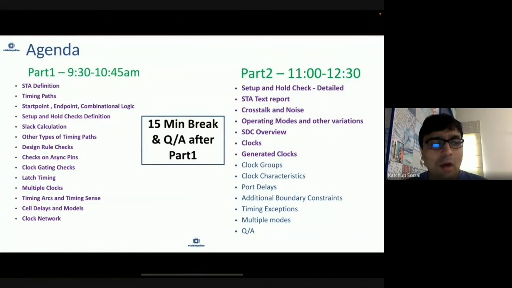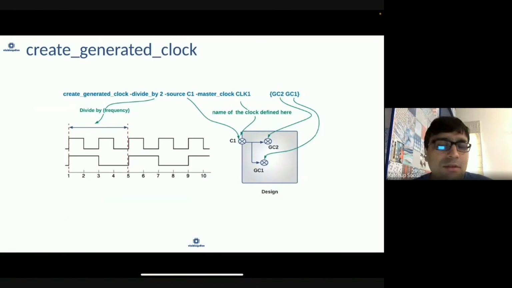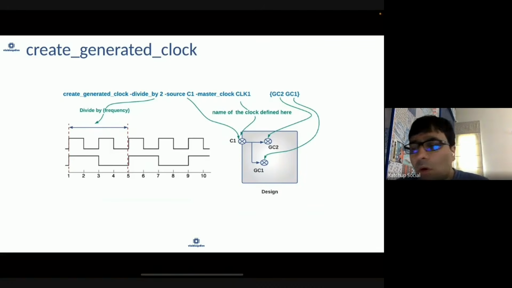Now let's understand how to define generated clocks. Generated clocks are clocks which are created inside the design. Typically, let's say maybe it's a divided version of a parent clock, or maybe a multiplied version of a parent clock.